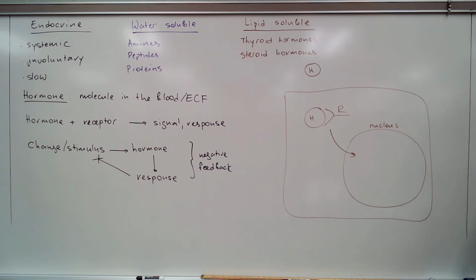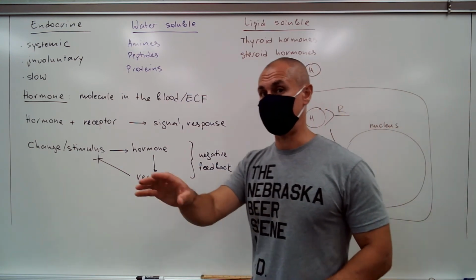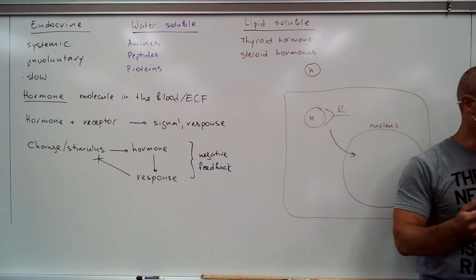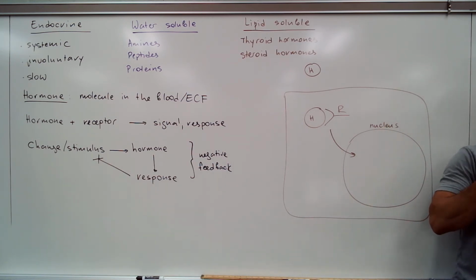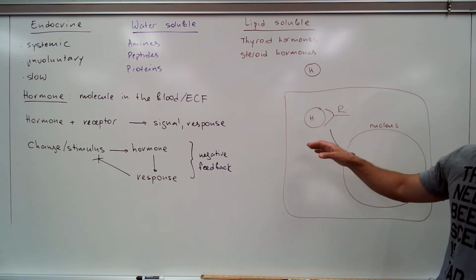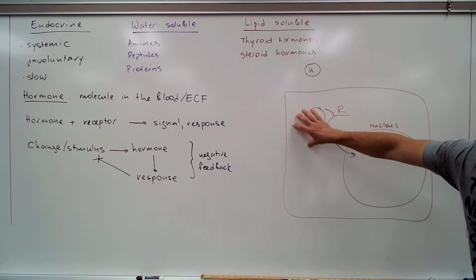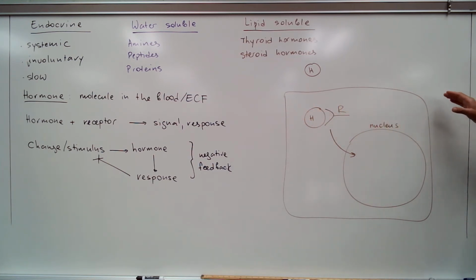You're not going to get a question for a particular hormone, for aldosterone, which is a lipid-soluble hormone: does aldosterone interact with the receptor in the cytoplasm or in the nucleus? I don't care. I want you to conceptualize this. A lipid-soluble hormone interacts with the receptor in the cell. Not on the surface, in the cell. Am I clear? Good. One way or another, this complex ends up in the nucleus.